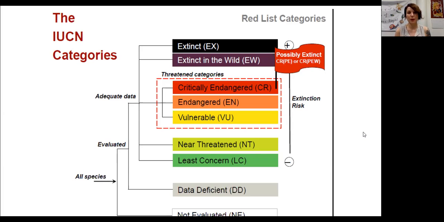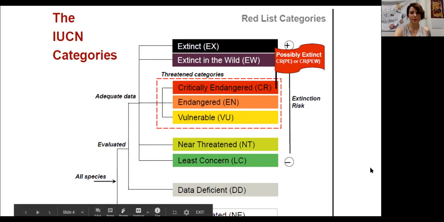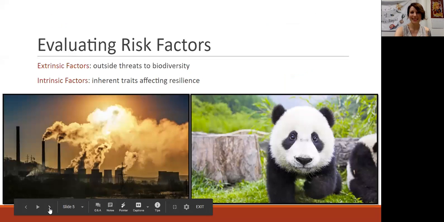There are some cases where an animal that was extinct in the wild can actually be brought down to some other categories and have their status improved. There we go. Just time for you to absorb that whole diagram.